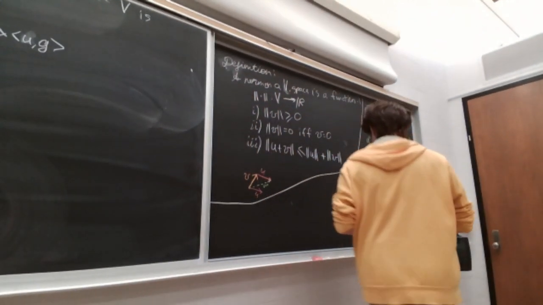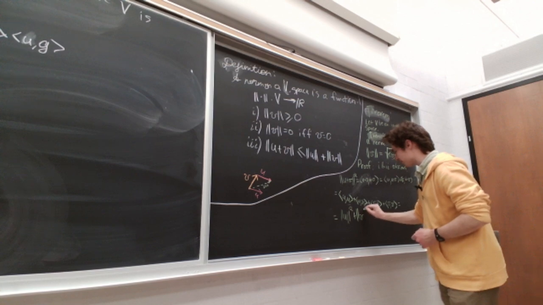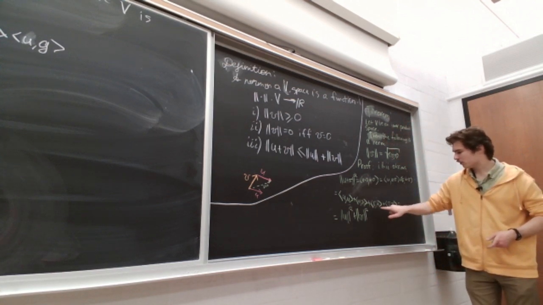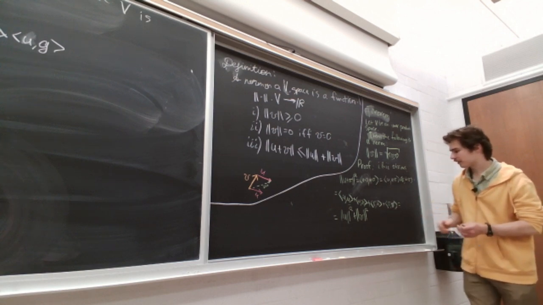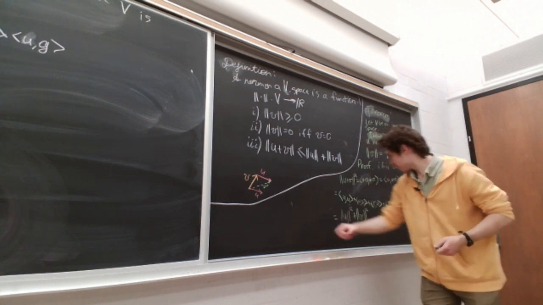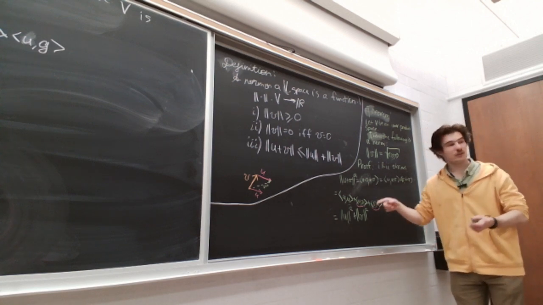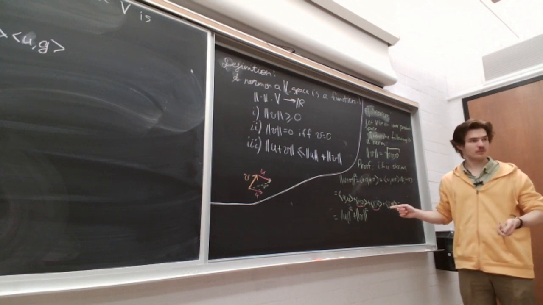This is fine. Now, this is the norm of U squared plus the norm of V squared. Do you agree? Now what is left is this term and this term. So this is the inner product of U with V plus the inner product of V with U, right?